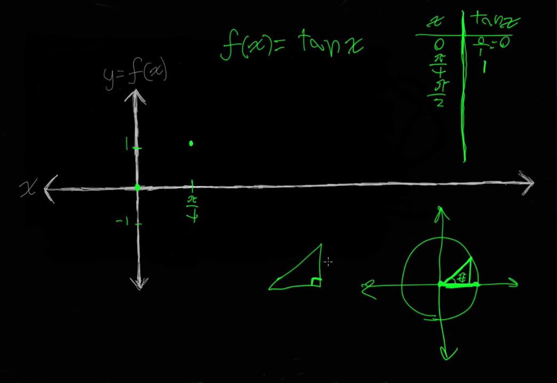And how do you find the opposite side? Let's say the sides are B, C, and A, like we usually do.